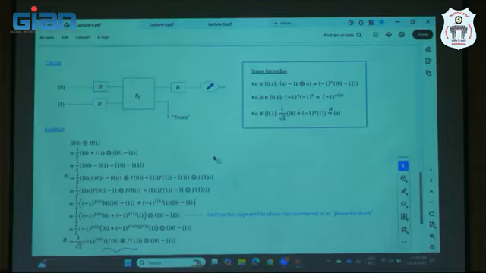Now you can see one thing, we will use another formula here. For a and b, 2 bits, minus 1 to the a times minus 1 to the b is the same as minus 1 to the a parity b, a XOR b.